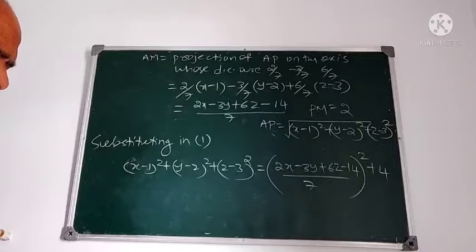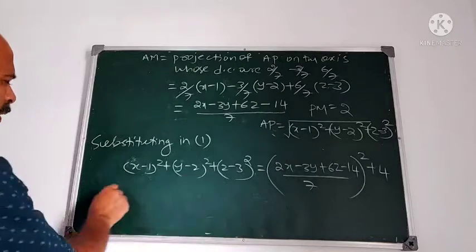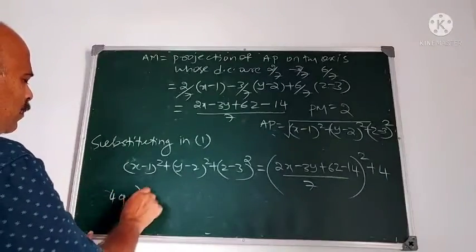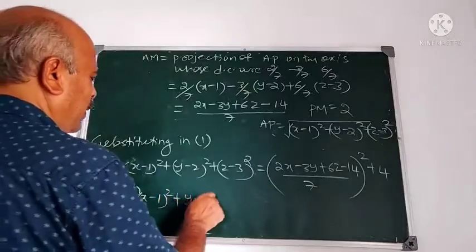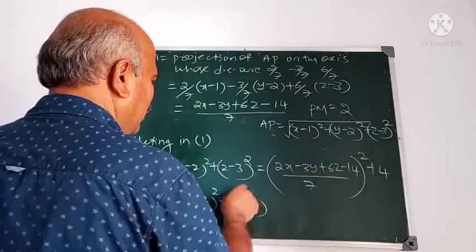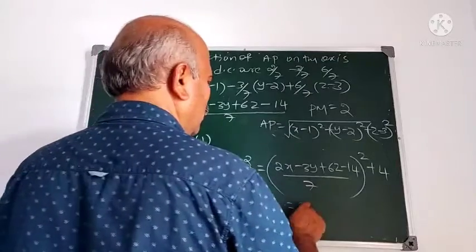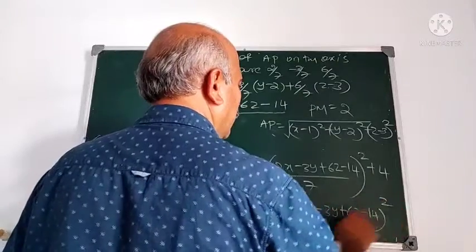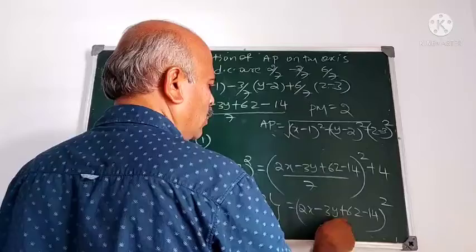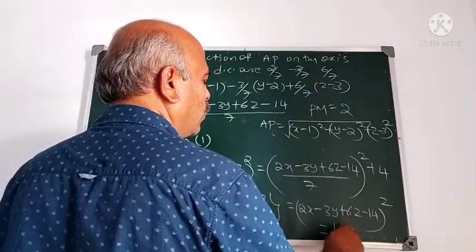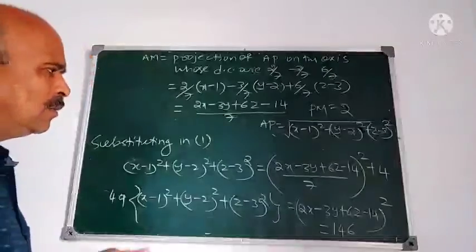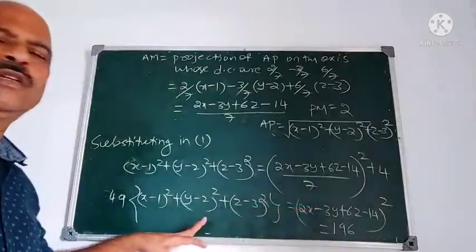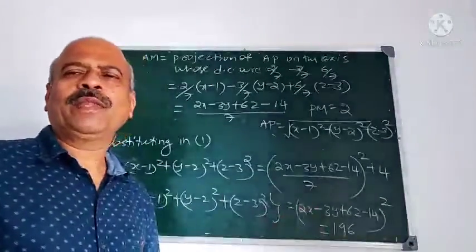Simplifying, we get 49 into [(x minus 1) whole square plus (y minus 2) whole square plus (z minus 3) whole square] is equal to (2x minus 3y plus 6z minus 14) whole square plus 49 into 4. 49 into 4 is 196. This is the equation. You need not simplify this. You can take this as the equation.